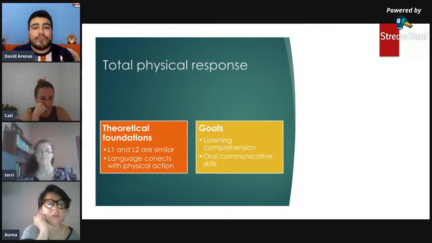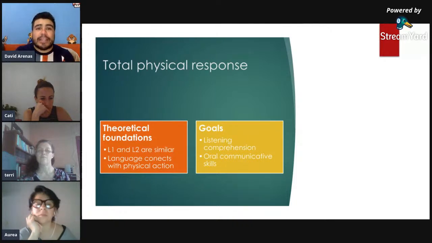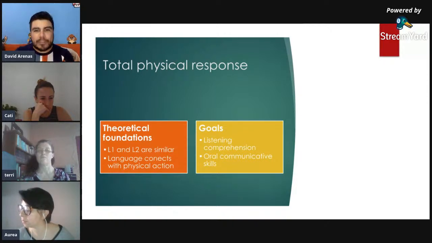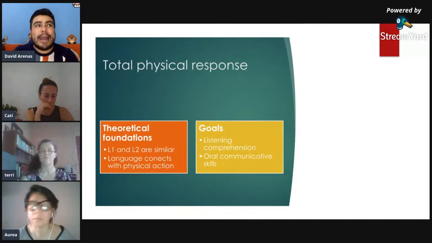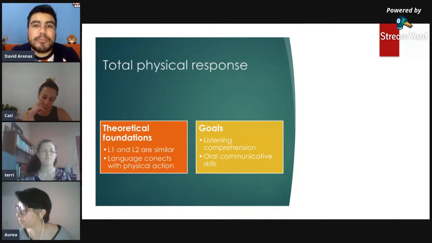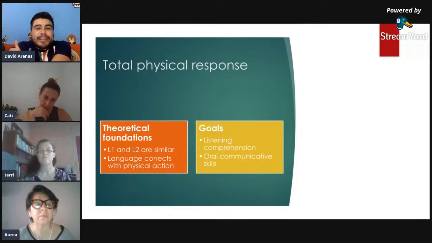Well, the total physical response was a method that tried to link two different kinds of language: the spoken language and the physical language, and more mental or brain processes, right? In here, L1 was seen as L2.